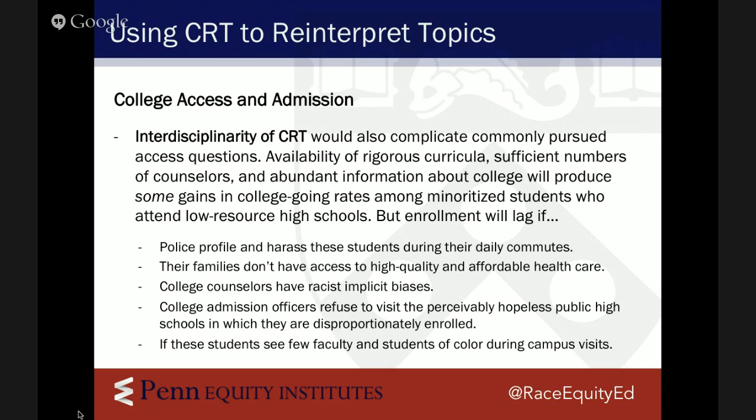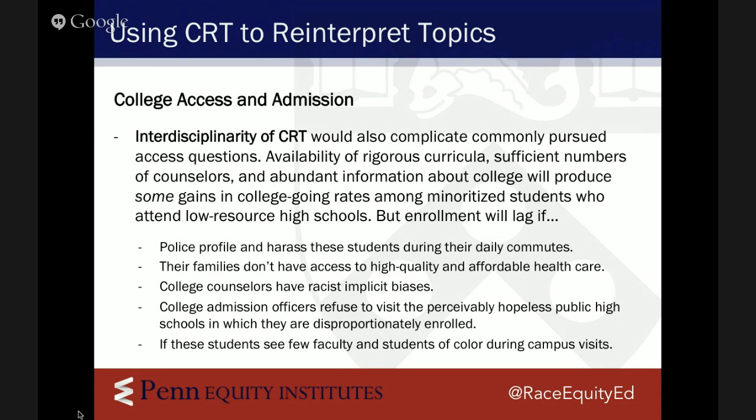If college admissions officers refuse to visit the perceivably hopeless public high schools in which students of color, especially lower income students of color, are disproportionately enrolled, and if students of color see few faculty and other people of color during their campus visits, we will continue to see an enrollment lag among students of color.